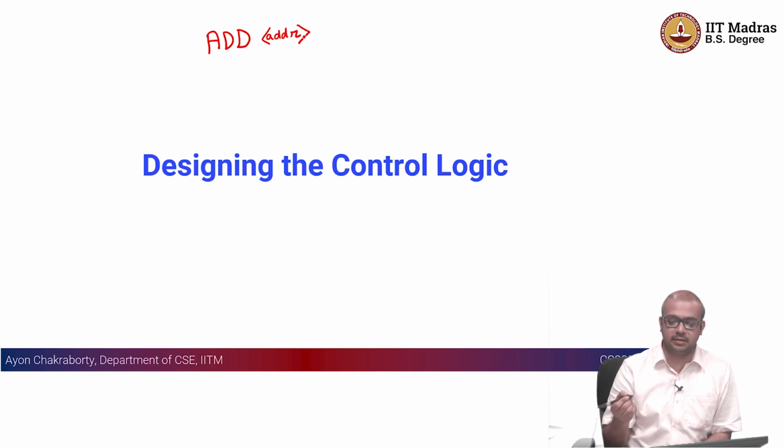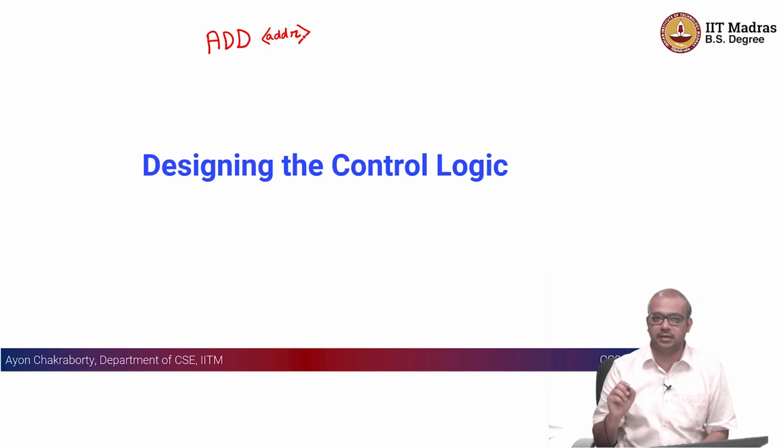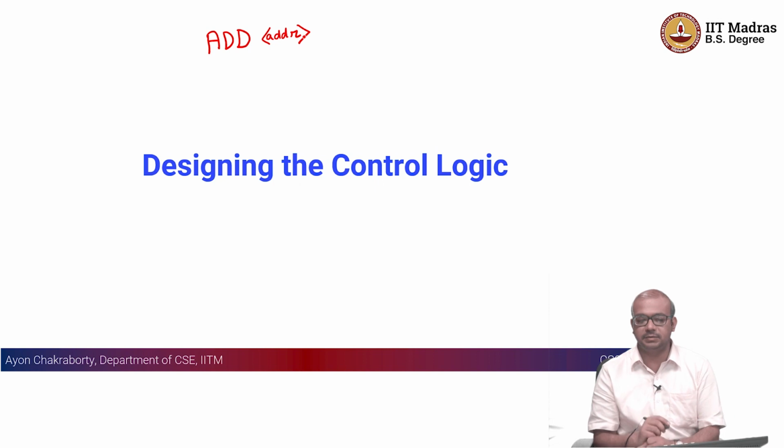Let us say the address that I am using here is x. So, it is going to look up the location x inside memory and add that value to the current contents of the accumulator. The instruction does not specify how it does that. Okay. This is subtle, but this is a very important observation, that how it is achieved is not exposed as a part of the instruction set architecture or ISA, right.